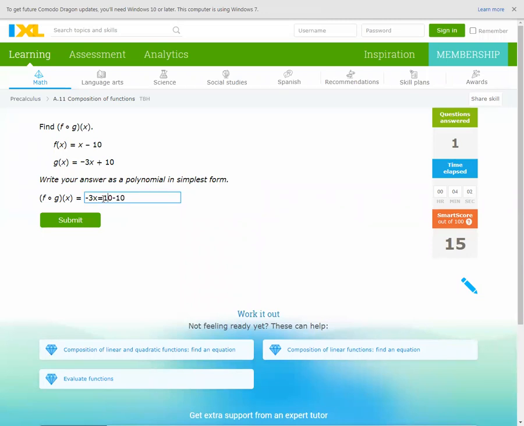And now, simplifying, we have positive 10 and also negative 10. Their sum is 0, so we're going to cancel them. The rest is negative 3x. And now submit.